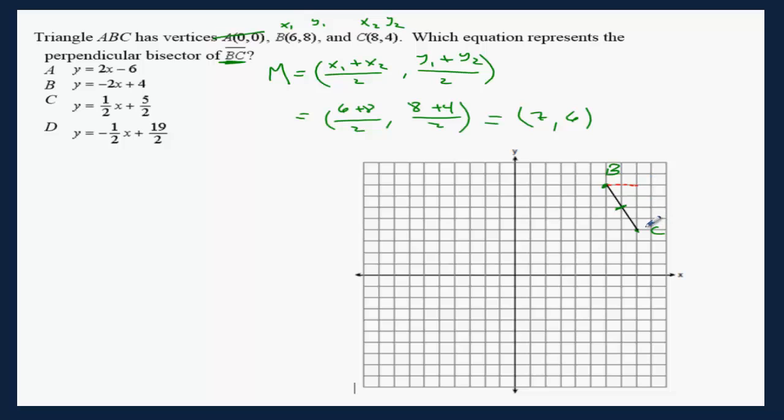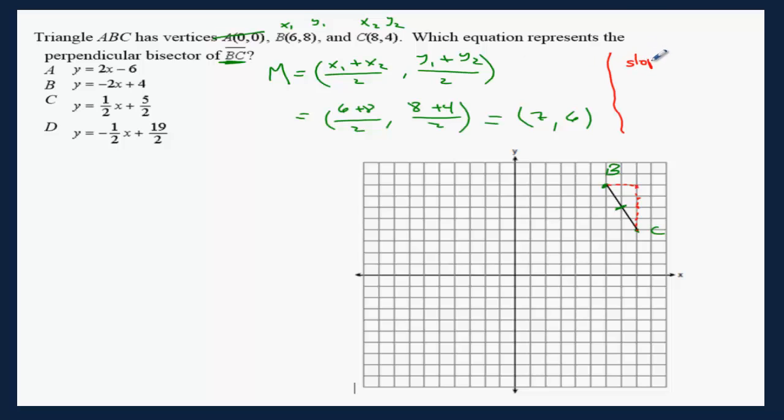Let's make a right triangle in here and count to find the slope. I don't want you to get confused between the midpoint and the slope, but we know the midpoint is a capital M and slope is a lowercase m.